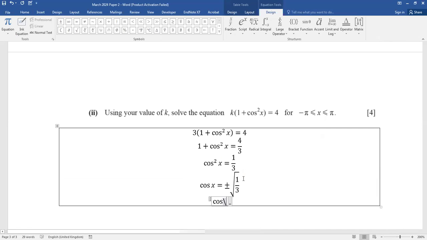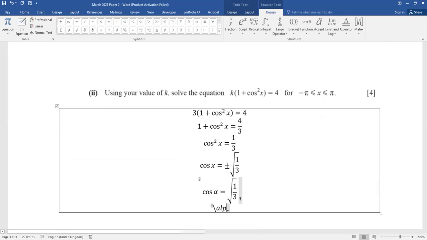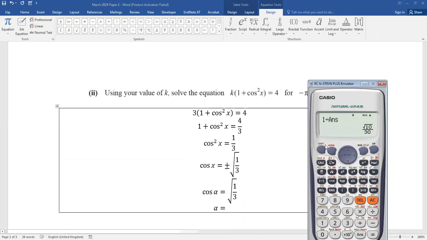The alpha, the reference angle, will be the same for both. Make sure that your calculator is in radians. So cos inverse of 1 over 3 is 1.231.